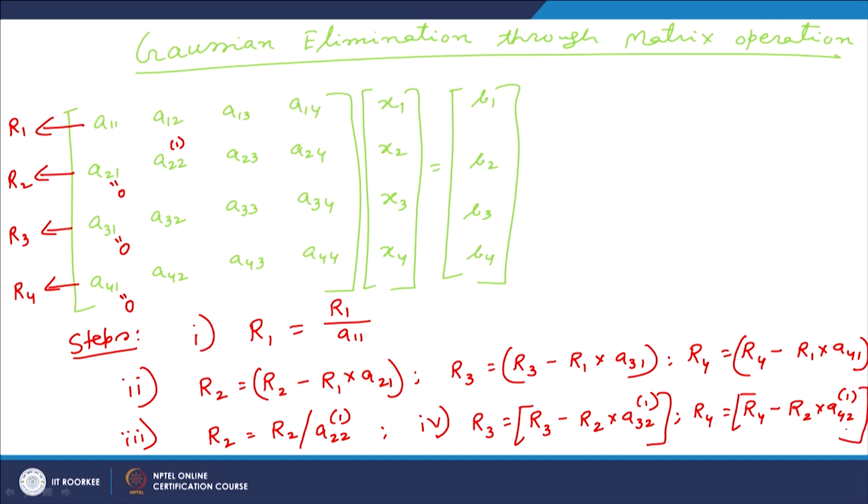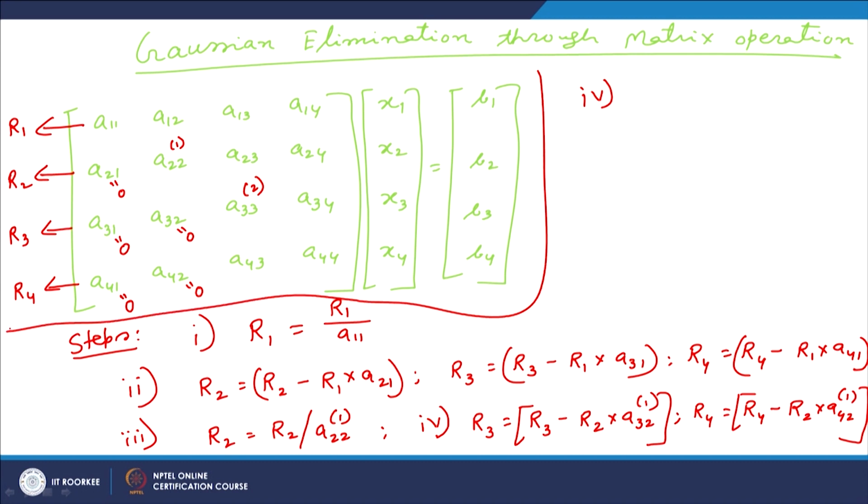After we do this, what will happen? This will become 0, this will become 0, and this becomes A33(2). Then we do, in the next step, R3 equal to R3 by A33(2), and then in step 5 we do R4 equal to R4 minus R3 into A43(2).